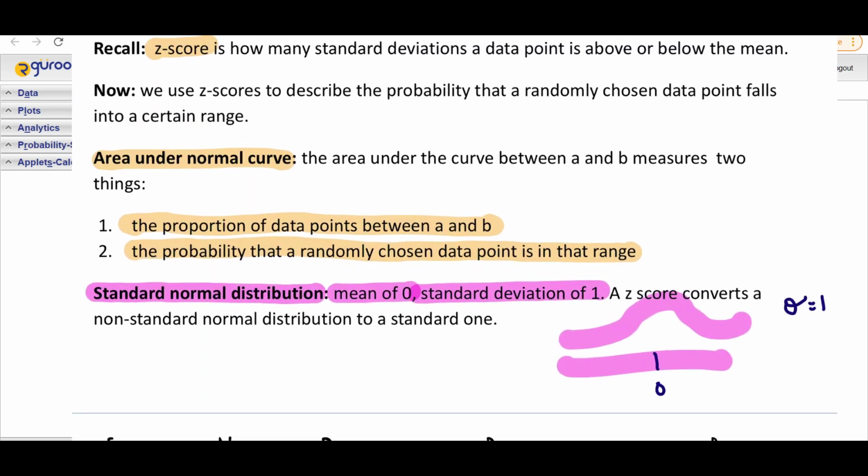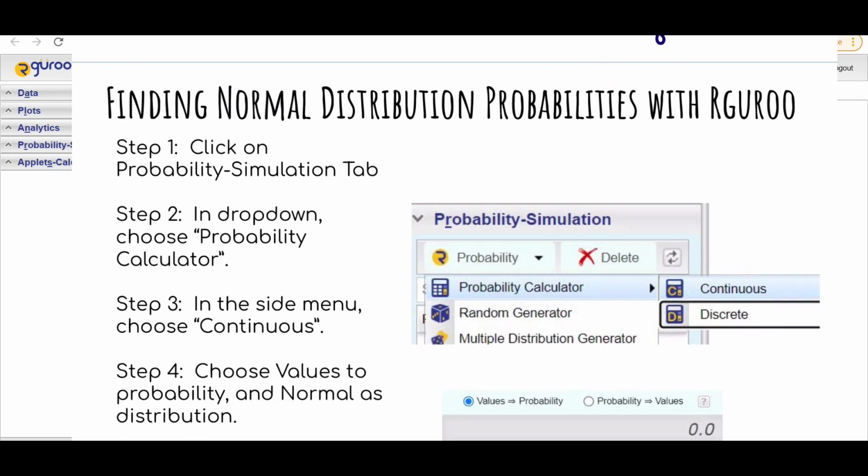What we're saying is if I wanted to know what is the proportion of data values between a half a standard deviation below and 2 standard deviations above, I could find that quickly and easily with technology, specifically OurGuru, rather than trying to use empirical rule. And again, empirical rule is great. It's awesome. It tells us different properties that are special about our data sets, but it is limited.